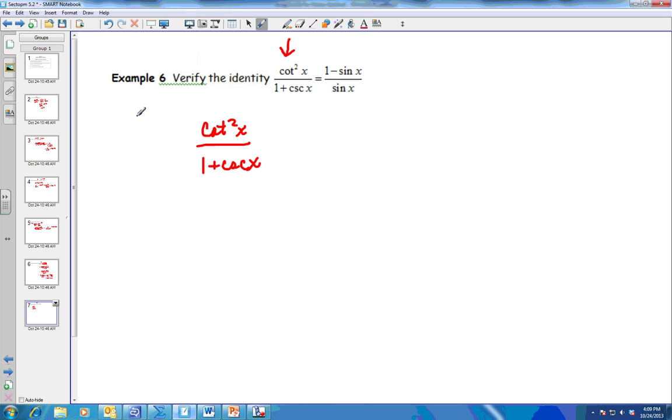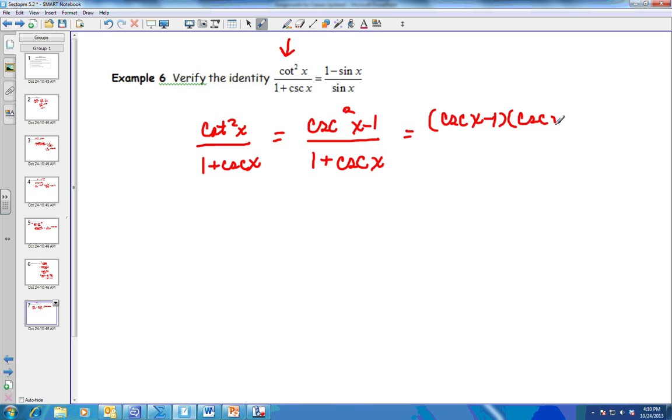Using a Pythagorean identity, cotangent squared x is cosecant squared x minus 1 over 1 plus cosecant x. Now, do you see that this is the difference of squares? So I can factor this as cosecant x minus 1, cosecant x plus 1, all over 1 plus cosecant x.